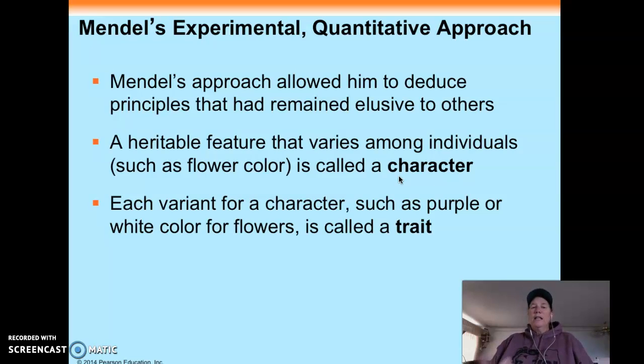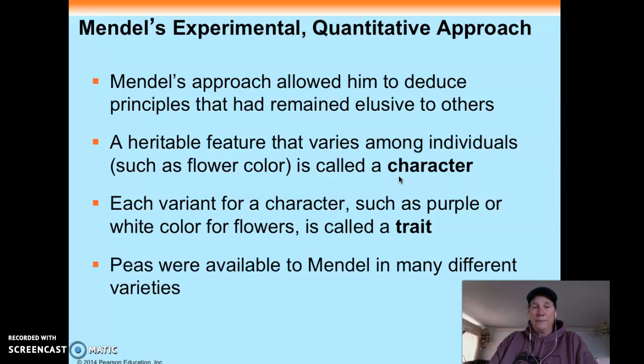In other words, if you're talking about flowers, they might have purple flowers or they might have white flowers. Okay. So he called each variant a trait. So you have characters, some characteristic about you, and then there's more than one trait for that characteristic.